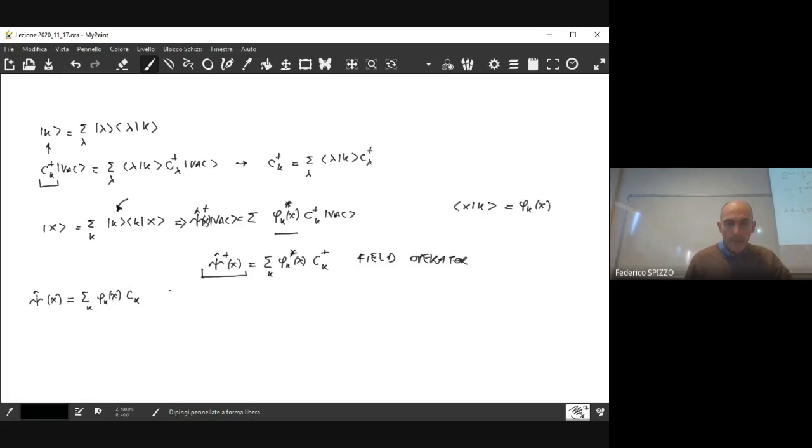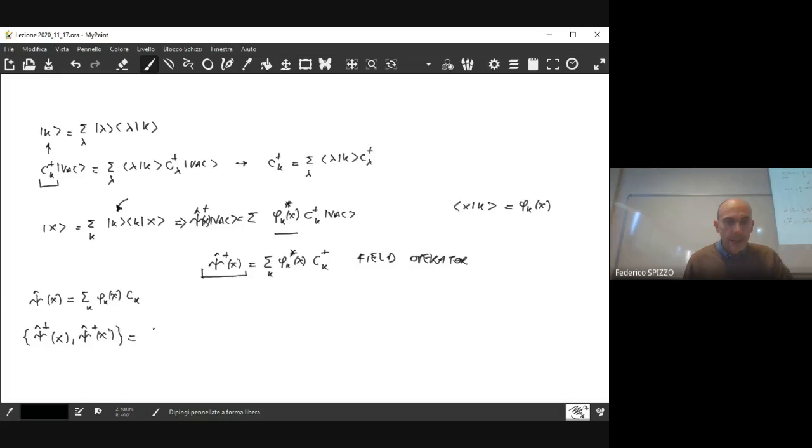Let's just try to see what happens if we consider the anti-commutator of psi cross X and psi cross X prime. In this case, what changes from one operator to the other operator is not the index of the level, but is the position. So here we have X, and on the other side we have X prime.